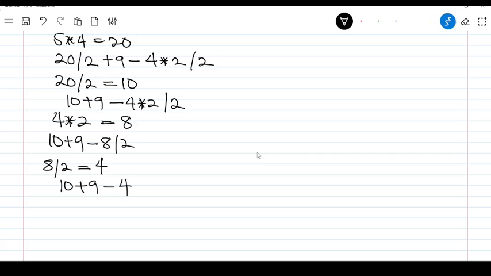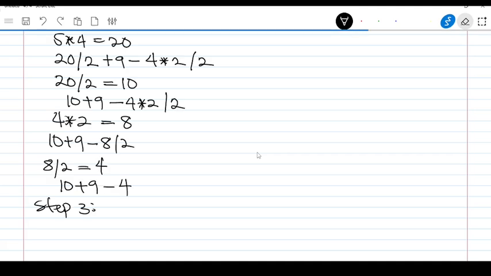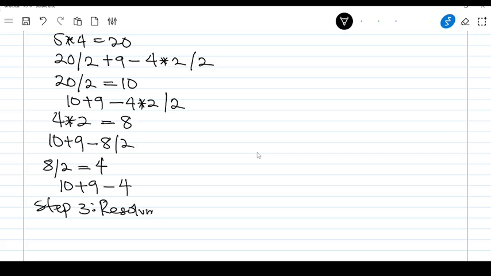So we do the addition first because it has the same hierarchy as subtraction. I think that should be in a third step, or if you want to put another step, you can do it here. So we say step 3, resolving the addition and subtraction.